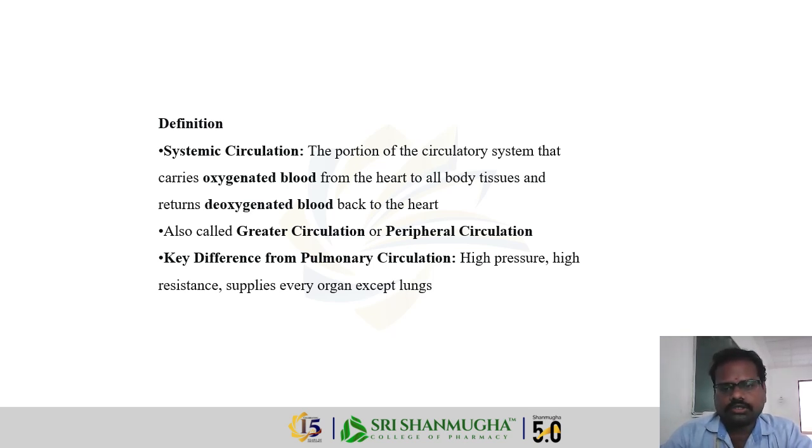Once the oxygen is utilized, the deoxygenated blood returns back to the heart. So this is the entire circulation, where the heart transfers the oxygenated blood to the tissues, then the tissues return the deoxygenated blood to the heart. This is the total circulation of systemic circulation. It is also called greater circulation or peripheral circulation.